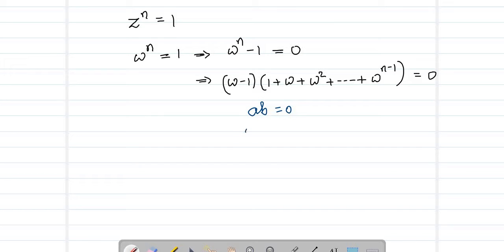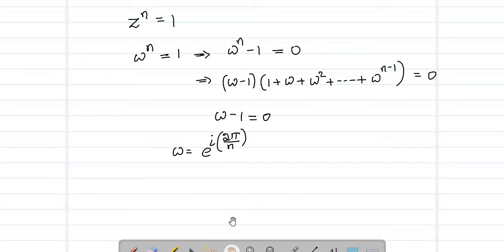It means either a equal to 0 or b equal to 0. But let us see whether a is 0 or not. It means the first expression, omega minus 1. Is it equal to 0? Can it be 0? We know what omega is, right? Omega equal to e power i 2 pi by n.